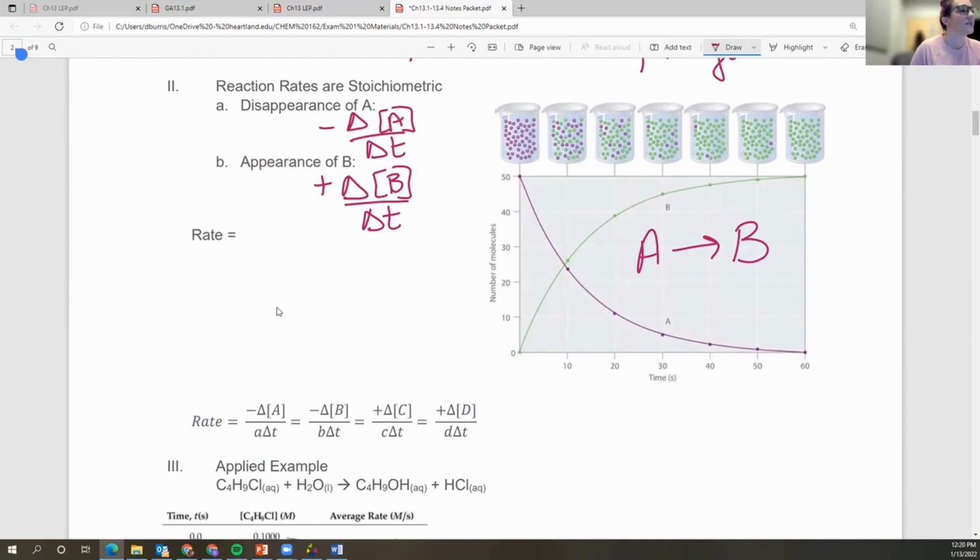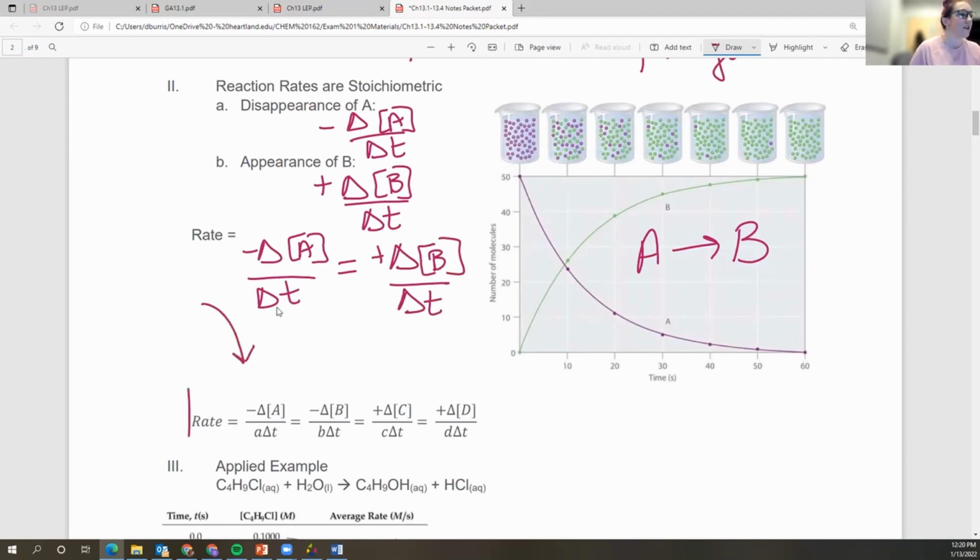So I could write that the rate is equal to negative change in concentration of A over change in time, which is also equal to the positive change in concentration of B over change in time. Okay, and what I want you to notice is I've actually written a generic rate formula to calculate rates based on the stoichiometry right here.